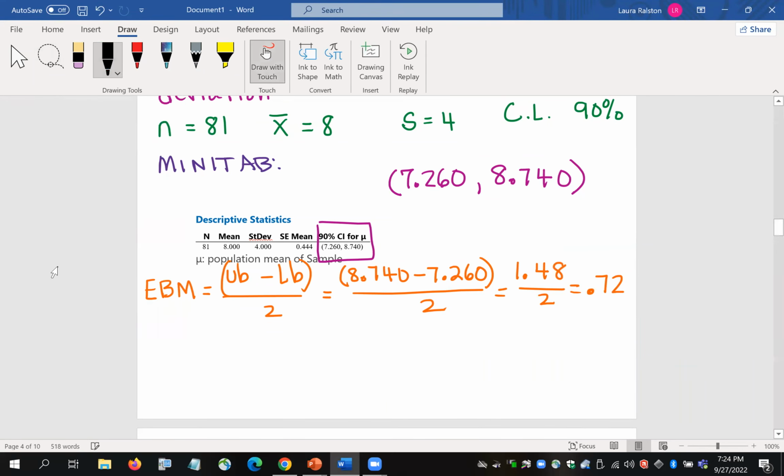We then write our conclusion the same way we did before. That has not changed.